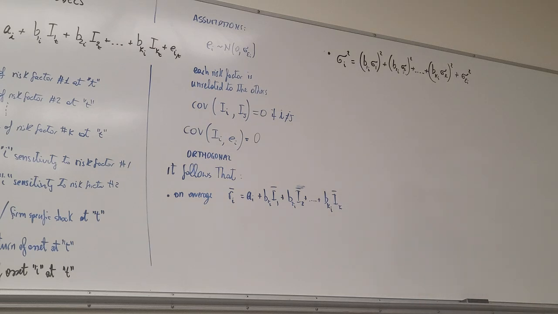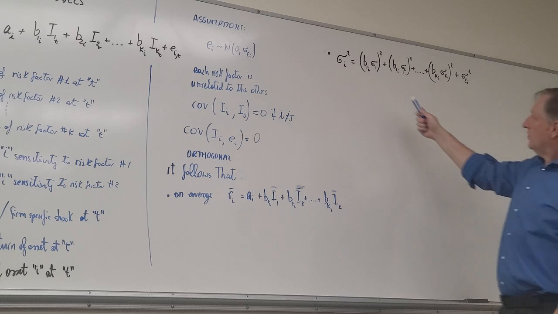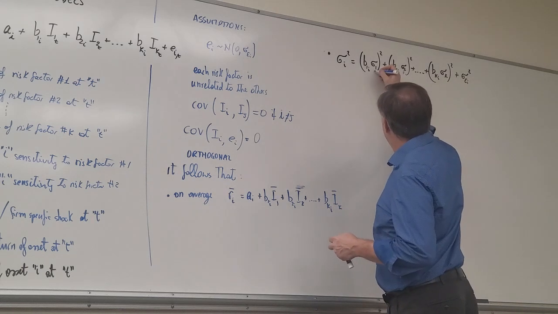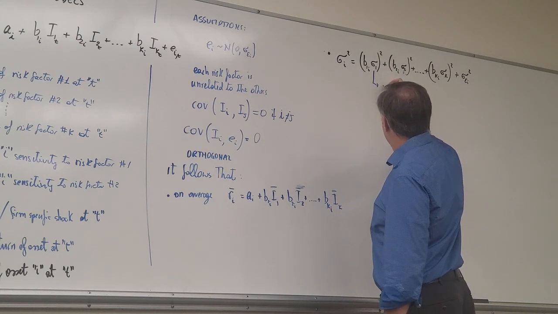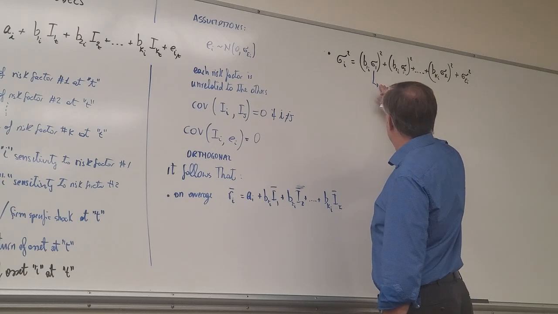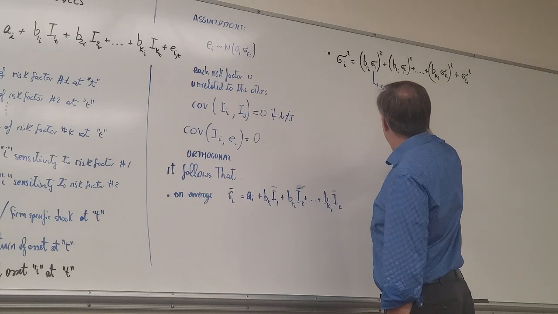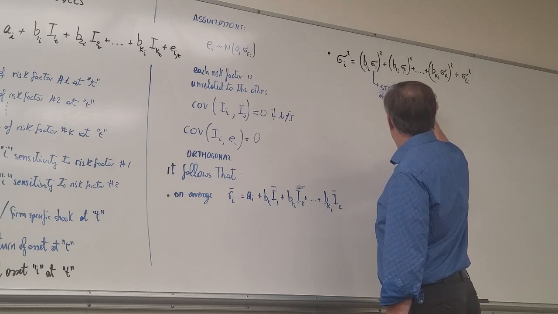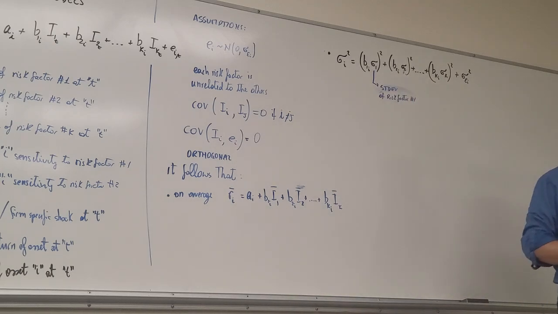So where are these sigmas over here? This is the variance, I'm sorry, standard deviation as I wrote it, of risk factor number 1, standard deviation of risk factor number 2, standard deviation of risk factor number 3, and so forth.